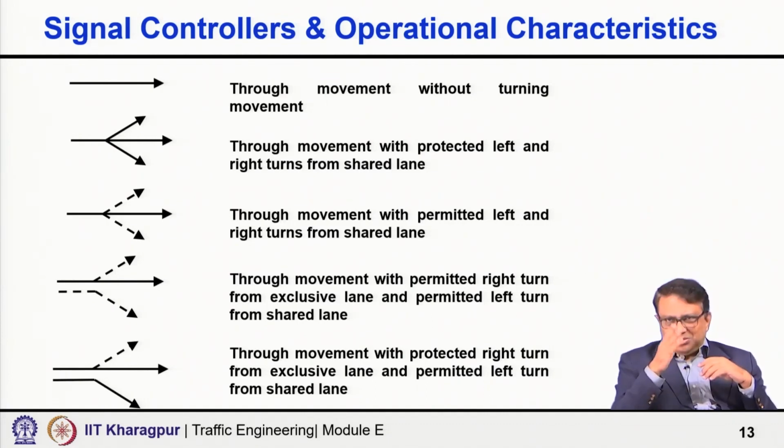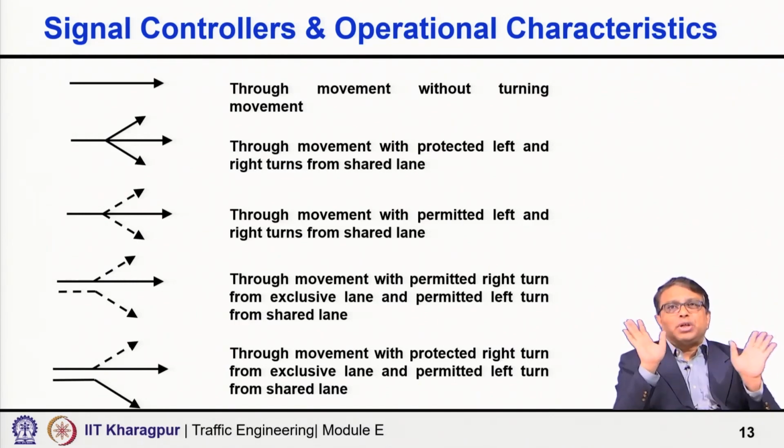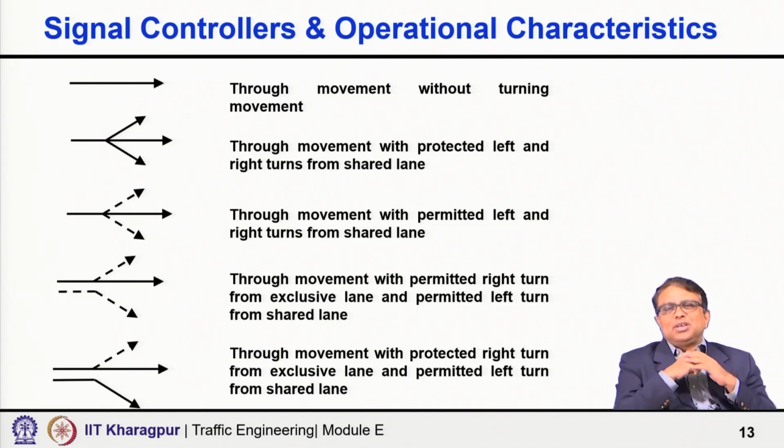Now, I am showing you the first case, a solid arrow with a distinct arrowhead indicating through movement without turning movement. Second case, shared lane, all are protected, solid arrow means protected. From one lane all movements are happening, all are protected movements. Next case, solid arrows, all three from the same lane, again a shared lane, but both right and left are permitted, using dotted lines.